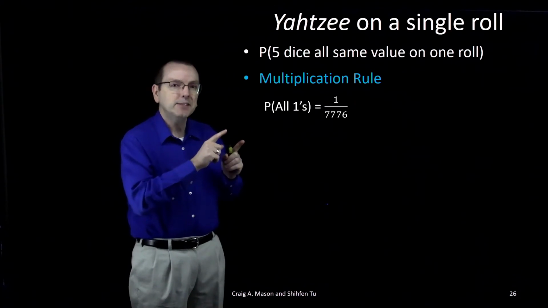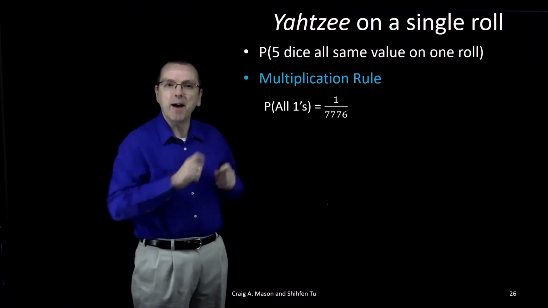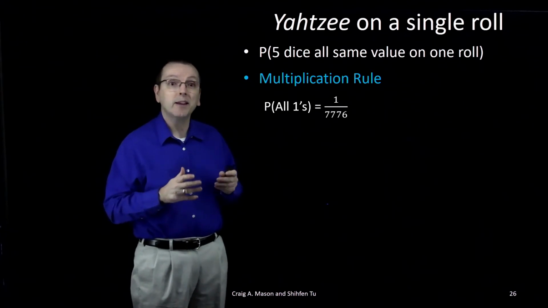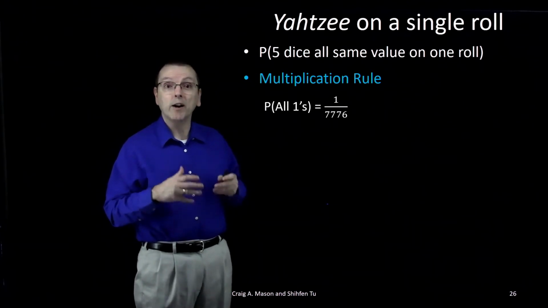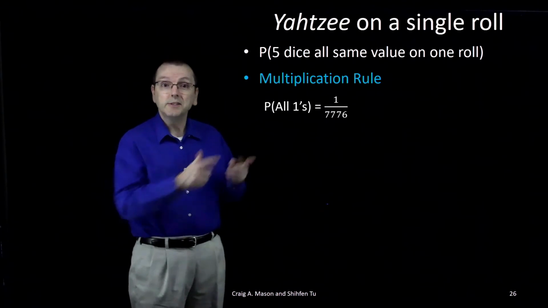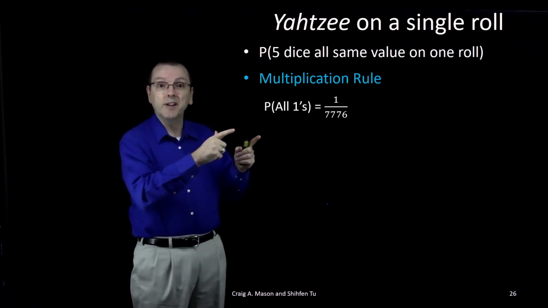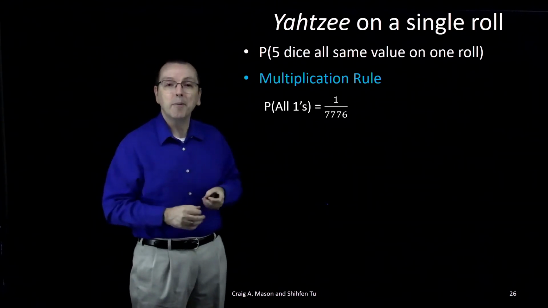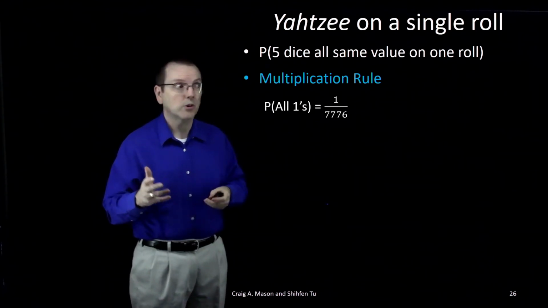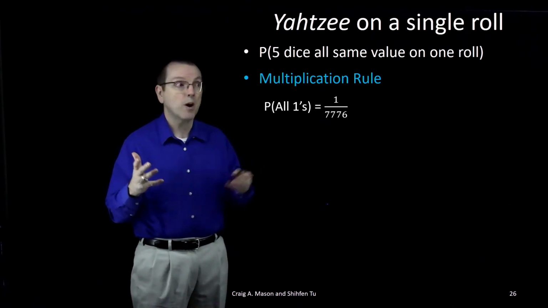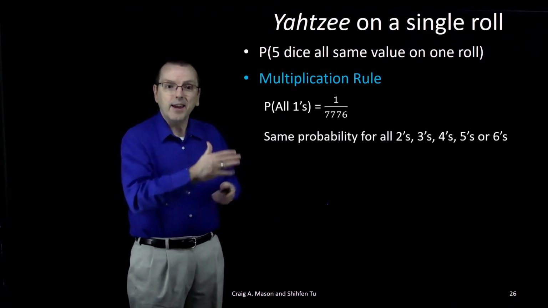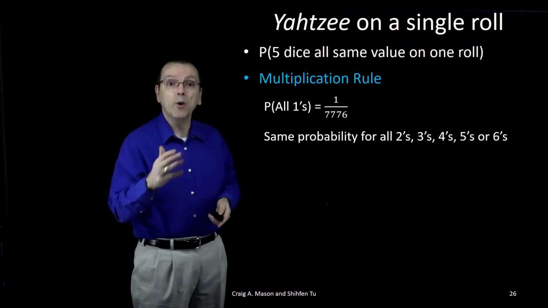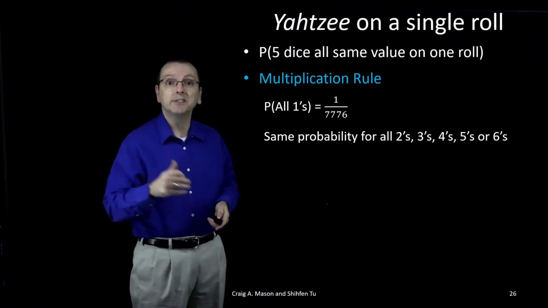And based on that, if you think about it, it's probably not too hard to see that the probability that all 5 dice are a 2 is also 1/7,776, right? As would be the probability that they're all 3s or all 4s or all 5s or all 6s. Each of those has the same probability of 1/7,776.